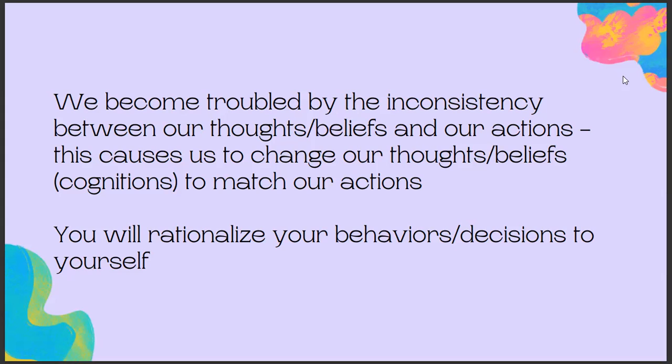Maybe I changed my belief from lying is wrong and immoral to lying is okay in the right context, or lying is okay as long as it's not about major things, or you know what, as long as I don't get caught lying is okay, and therefore I don't have the dissonance within myself anymore, and I can go on my merry way. So that's what cognitive dissonance theory is.